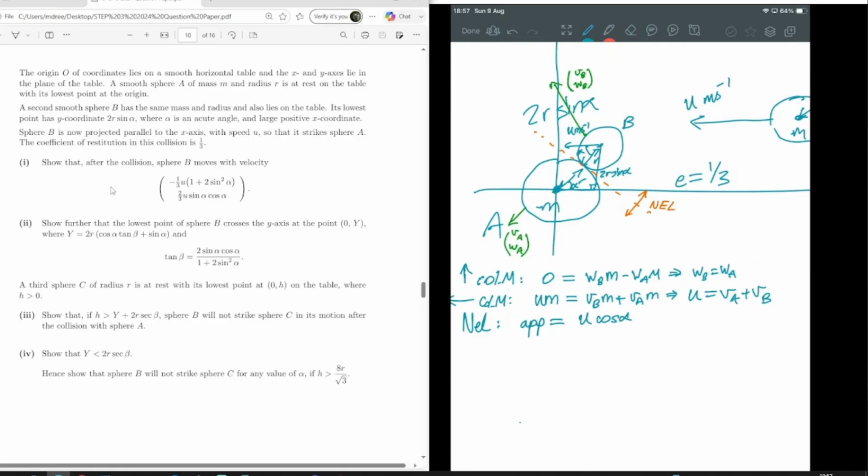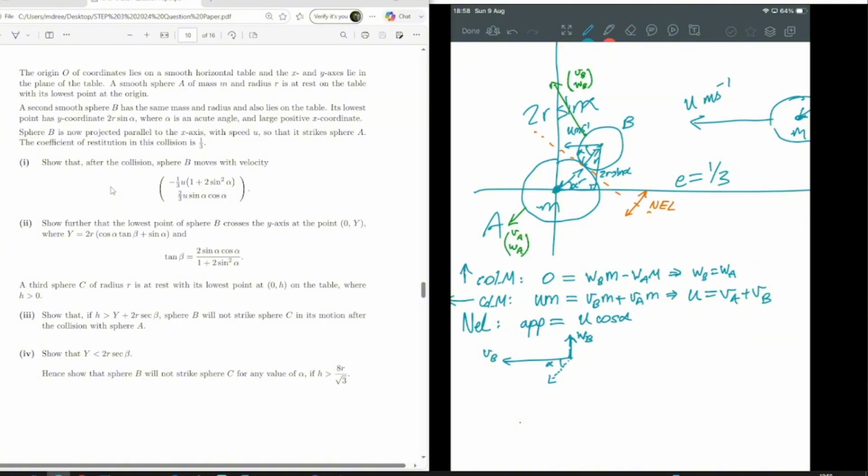So really what I need is, so I have on B an arrow here for VB, an arrow here for WB, and I want the arrow there, which has an angle of alpha.